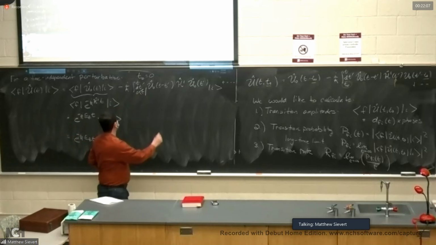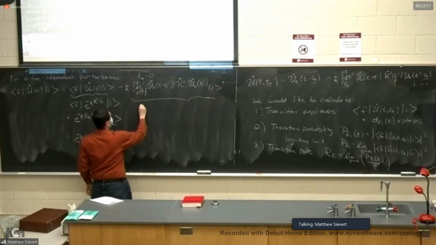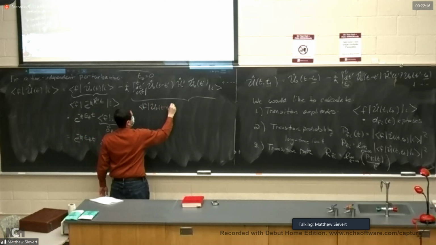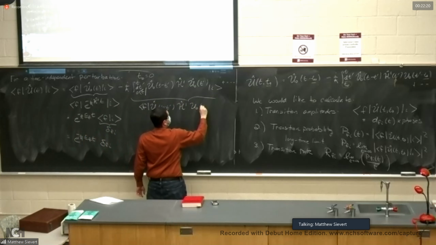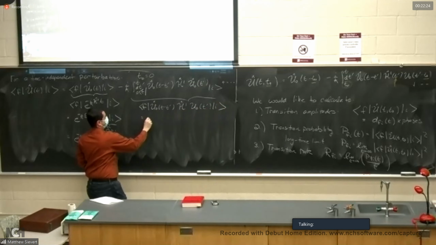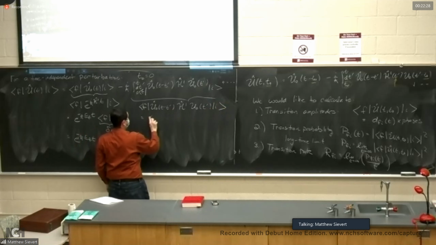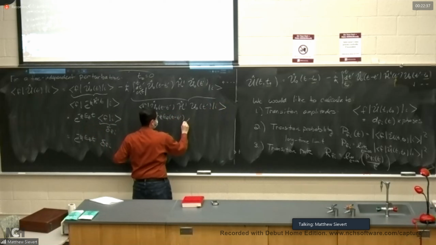Something similar happens for this term. When I have this thing sandwiched between eigenstates, U naught t minus t prime, H1, U naught t prime, initial state. This thing acts on the eigenstate to the left, and so I get just that phase the same as this, e to the minus i over h bar E final t minus t prime.